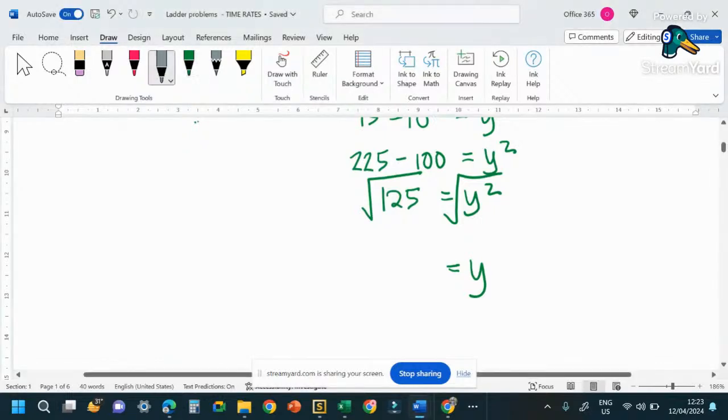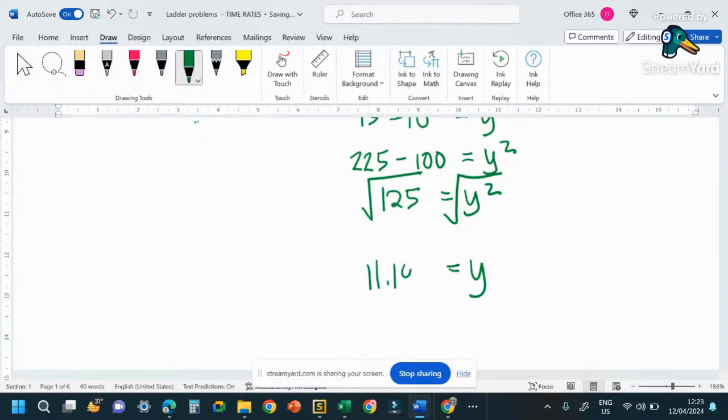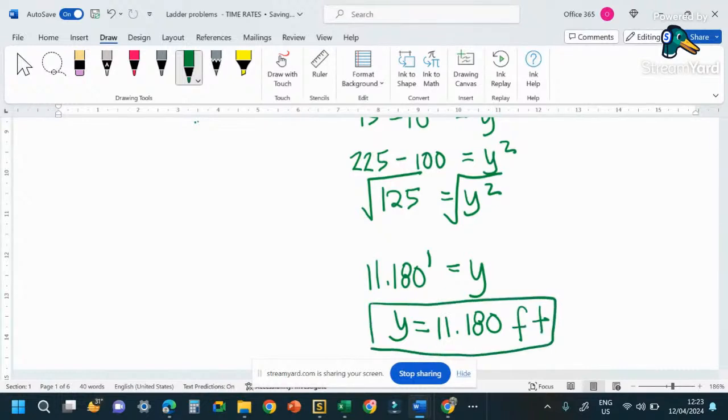So we have 11.180 feet, or y is 11.180 feet. If you see notations like 11.180 and there is a little mark up there, this is feet as well. That's just a symbol, okay? So knowing y is 11.180, why did I do that?